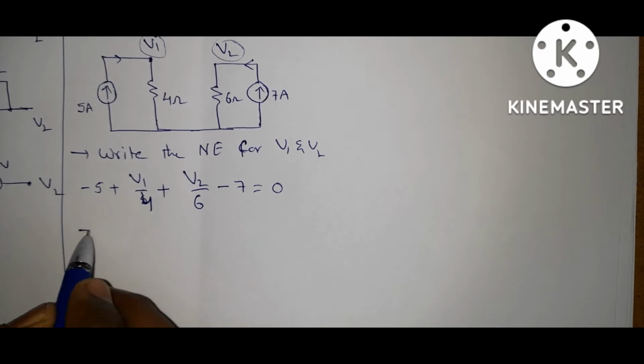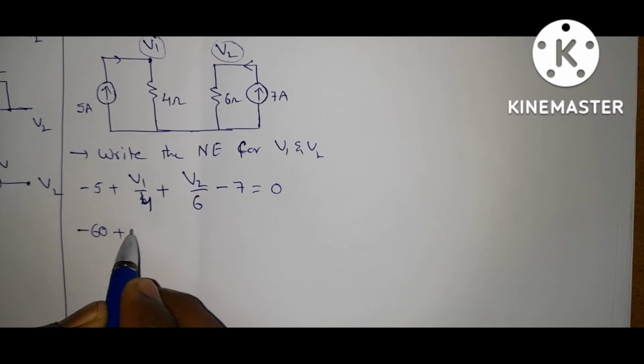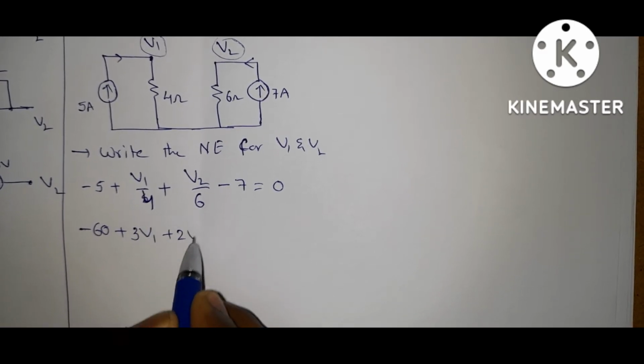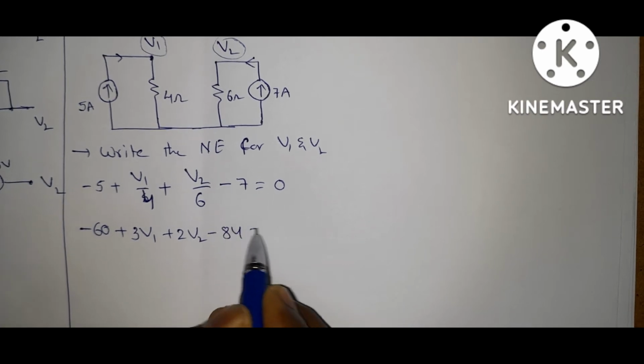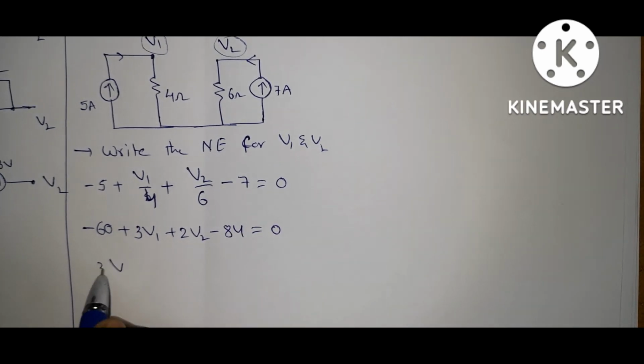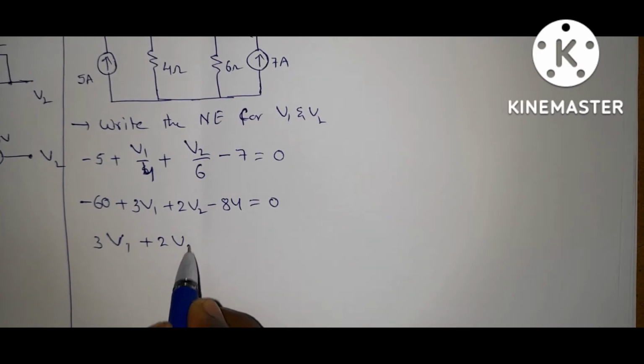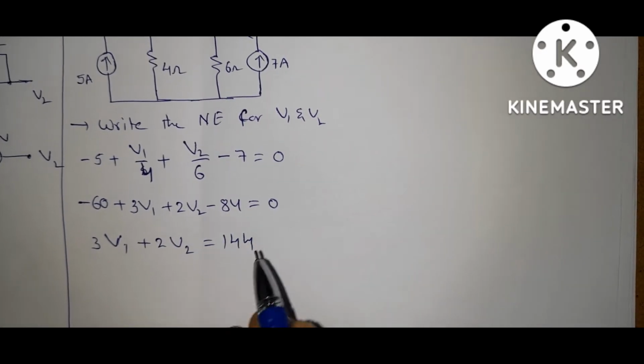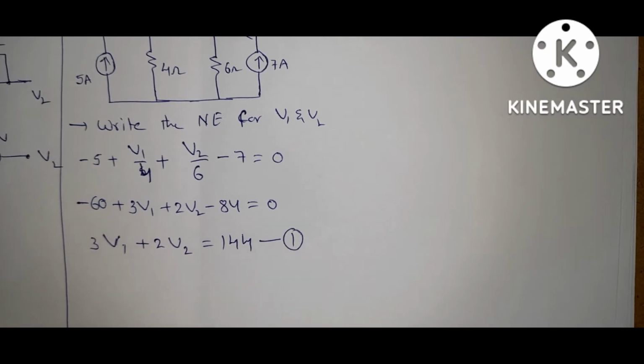Take LCM: minus 60 plus 3V1 plus 2V2 minus 84 is equal to 0. 3V1 plus 2V2 is equal to 144. Let it be equation 1.